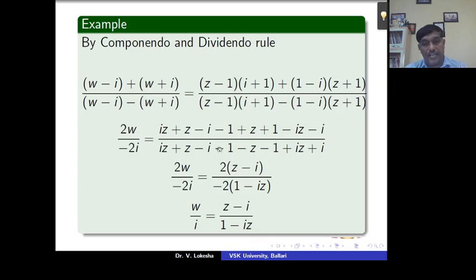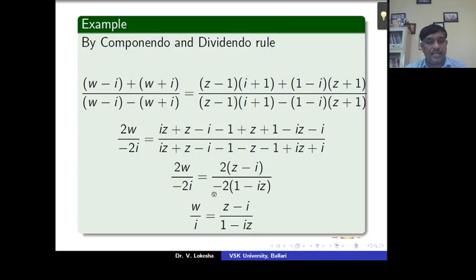After simplification, this is 2 times (z − i), and all other terms are simplified. Similarly on the other side, −1 and −1 give −2, and here iz gives 2iz.